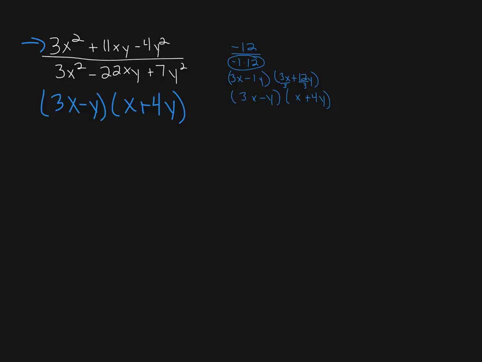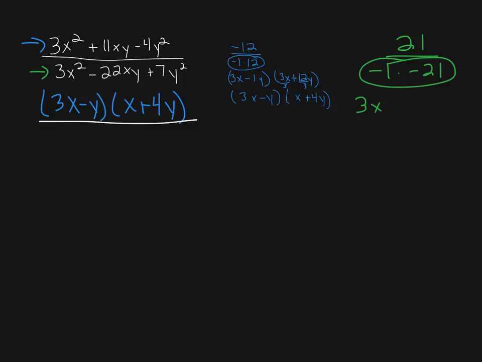Now let's factor the denominator. So this is our denominator right here. Now a times c would be positive 21, so my signs are the same. b is negative, so they're both negative. Negative 1 times negative 21, and that actually works. So 3x minus 1y and 3x minus 21y.